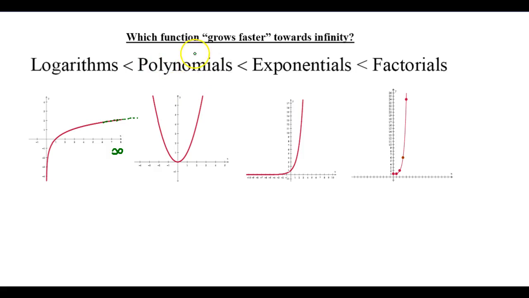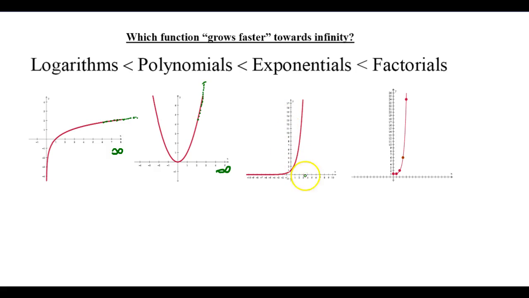As opposed to polynomials, the next class of functions that's going to grow a little bit faster. Here I've drawn x squared, and as I head towards positive infinity, I'm heading towards positive infinity in the y values, but I'm growing much faster than the natural log function grew. But polynomials are still smaller than exponentials.